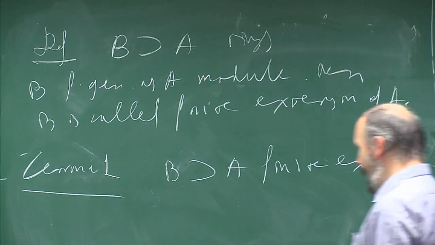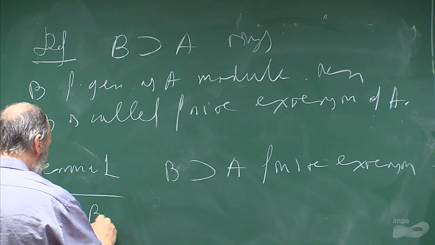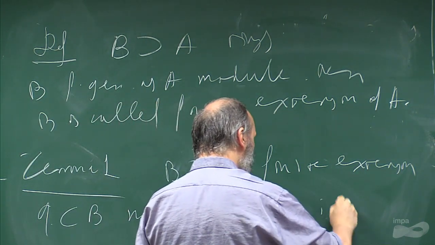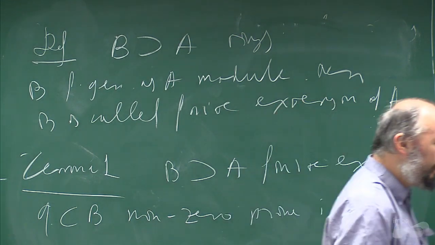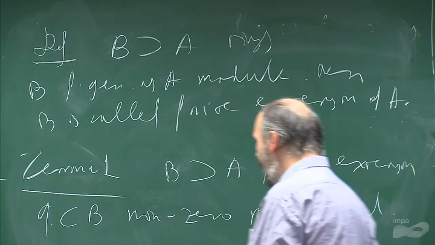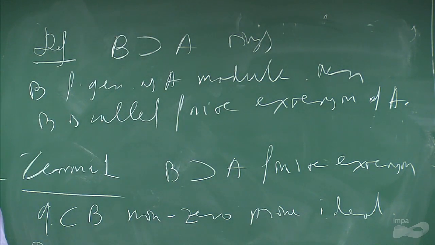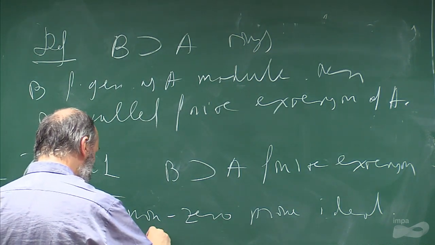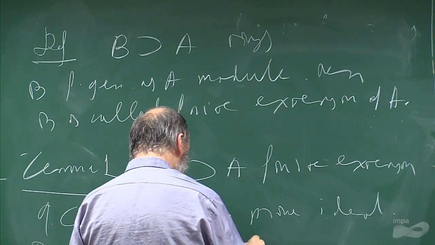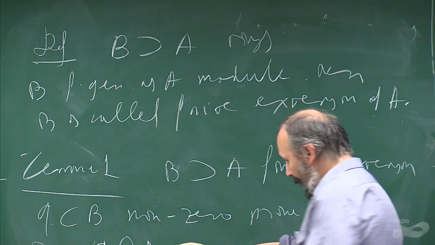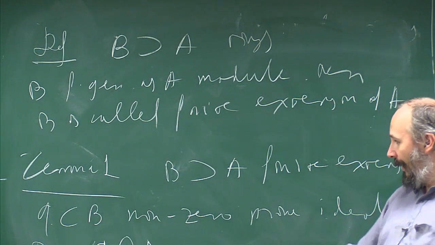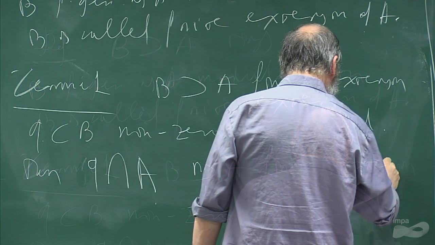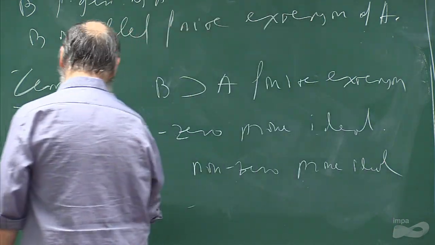Now you have a non-zero prime ideal Q in B. Then Q intersected with A is non-zero. Again, it's a prime ideal, clearly prime because the quotient by it has no zero divisors. So the only non-trivial part is that it is non-zero.